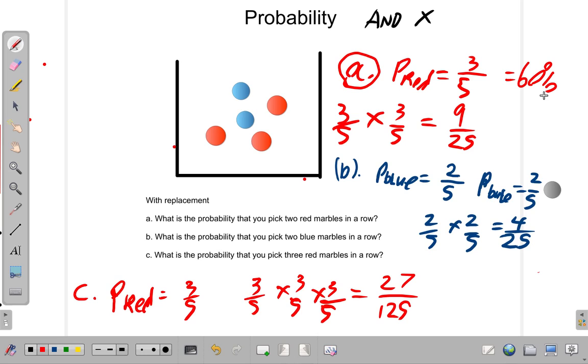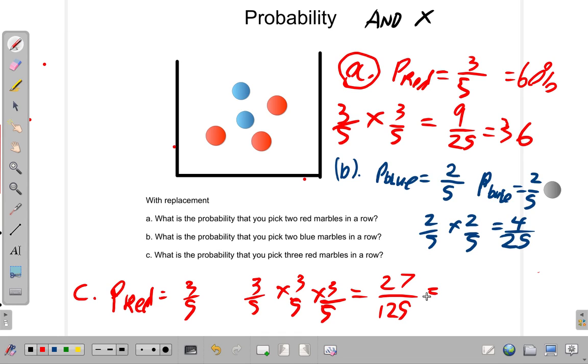The probability that you pick a red 2 times is 9/25. 9 divided by 25 is going to be 36%. So this is 36%. A decrease from 60 to 36.